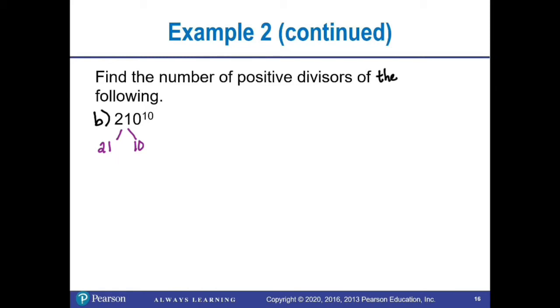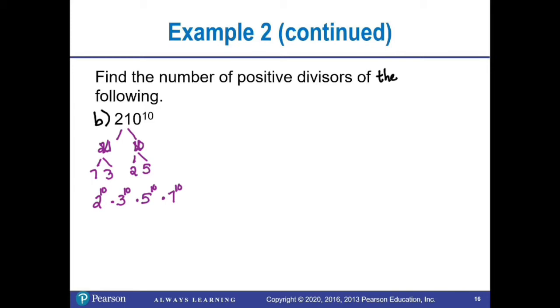These are both composite numbers, so I rewrite 21 as 7 times 3, and I rewrite 10 as 2 times 5. So my prime factorization for 210 is 2 times 3 times 5 times 7. Now remember, I told you I'd come back to that 10th power. Because 210 is to the 10th power, each of these factors is to the 10th power as well.